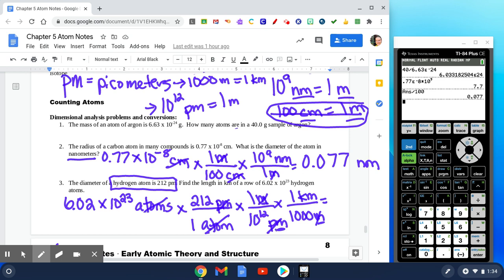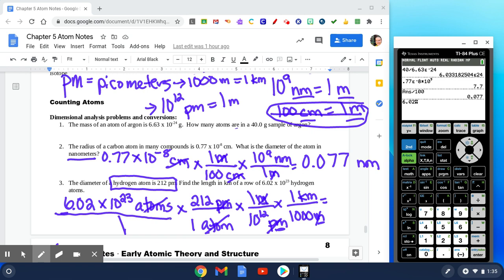Okay, so now you're going to multiply all your numbers across the top and then divide by what's on the bottom. So what that means is the number that you start with, remember, is always in the numerator. It's like saying this number over 1. So I'm going to take 6.02, and then I'm going to do E instead of times 10 to the 23rd.